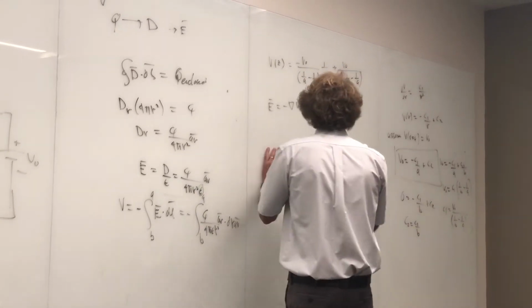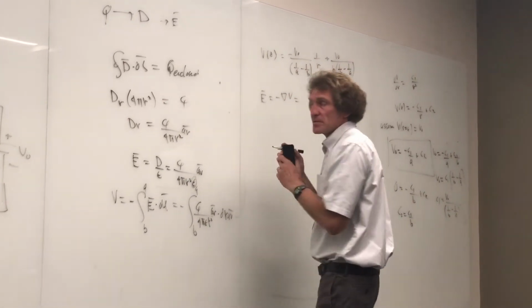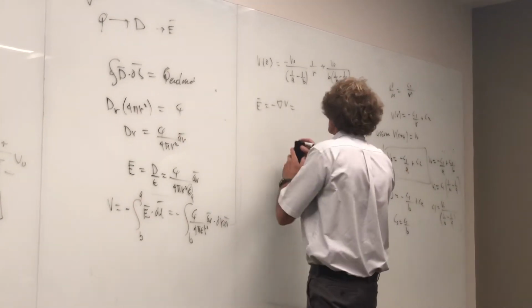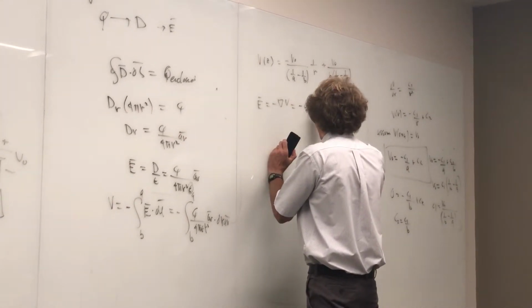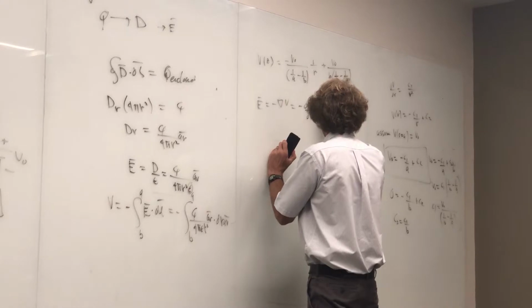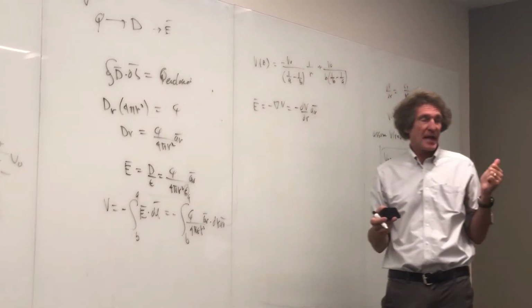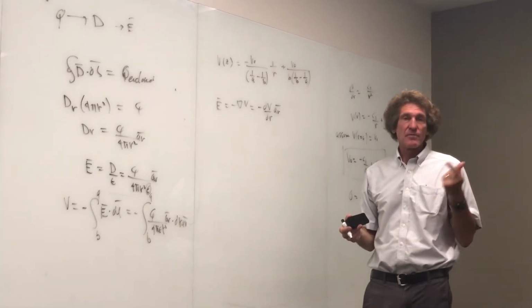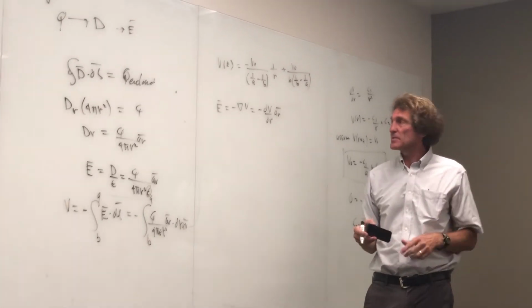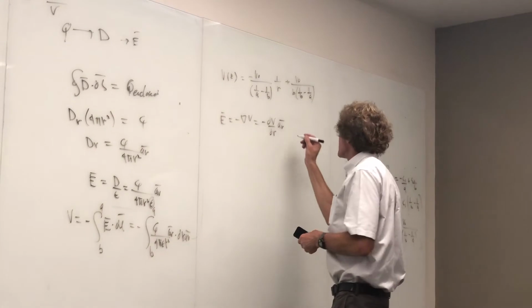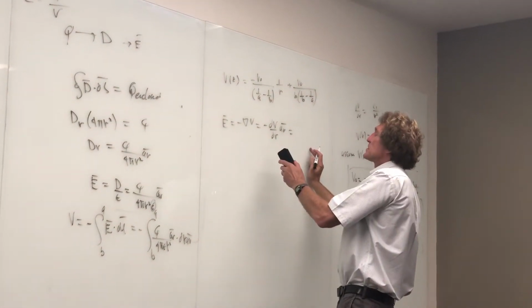This is spherical coordinates. If you look at the gradient operator in spherical coordinates, you get this being equal to minus dV/dr a_r. There's two other terms, but the derivatives are equal to 0 because they're with respect to angle, theta and phi. The derivative of voltage with respect to either of those angles is 0. That means this is equal to minus the derivative of this.